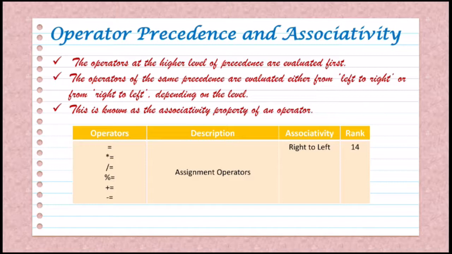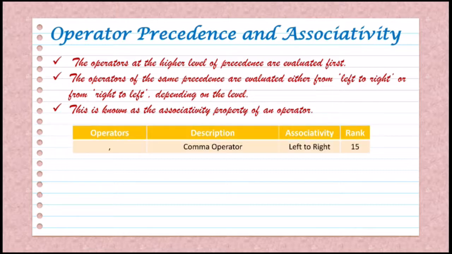The 14th rank is given to the assignment operators, that is equal to, star equal to, divide equal to, modulo equal to, plus equal to and minus equal to, and it works from right hand side to left hand side. Next one, comma operator, and it works from left to right, and it has got 15th rank.